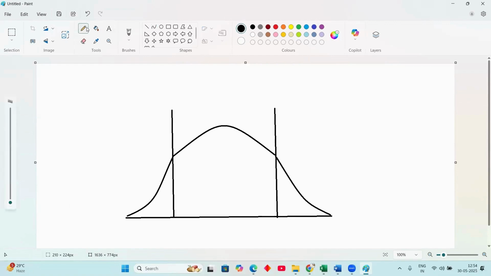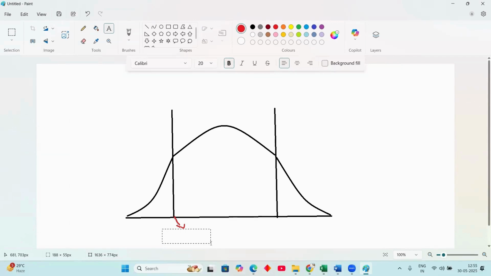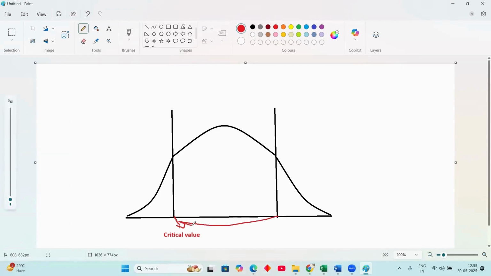In this graph, this is my rejected value, and this is my critical value. Same as this, these two are also my critical values. So these both are my critical values.